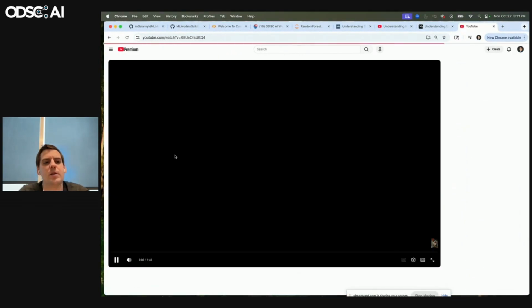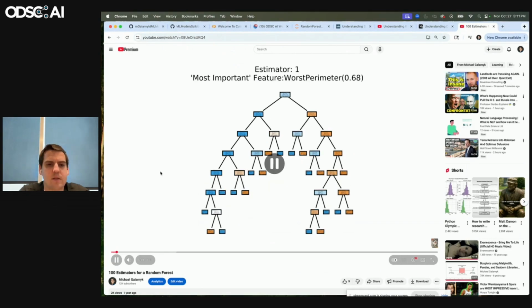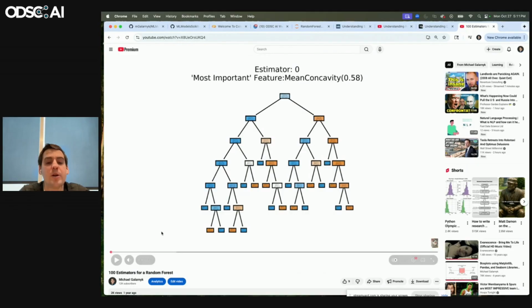Okay. So from this same data set, for 100 estimators, i.e. 100 decision trees, what we end up finding is these are 100 decision trees that are trained on bootstrap data. And these are the 100 estimators that make up that random forest.